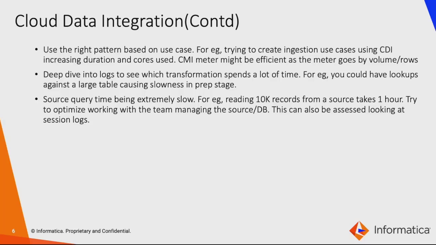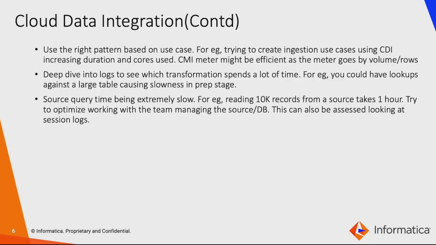So make sure that, not just for your IPU but generally, you're using the right pattern and the right services for your use case rather than trying to solve it in an incorrect service, right? Because there are some functional overlaps across these services. There is a possibility that you could use cloud application integration for a batch use case, or cloud data integration for an ingestion use case, and so on, right?